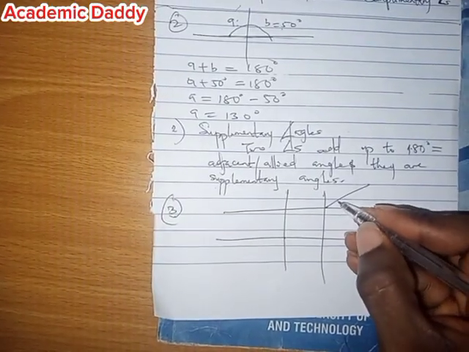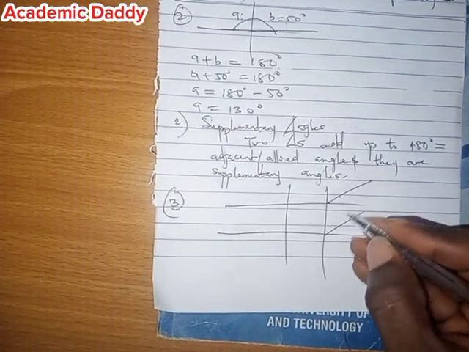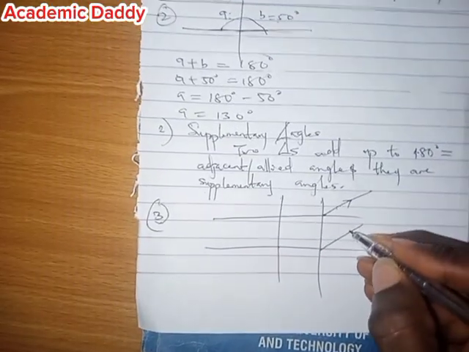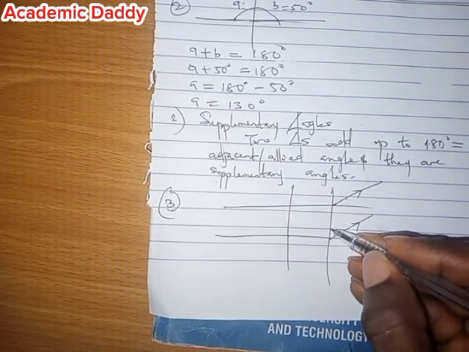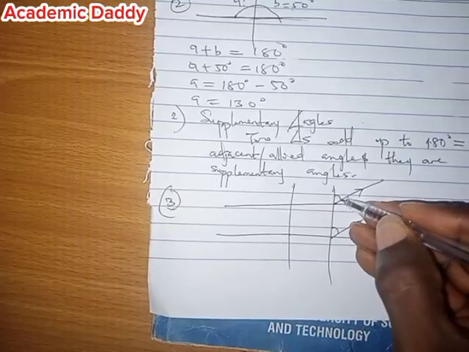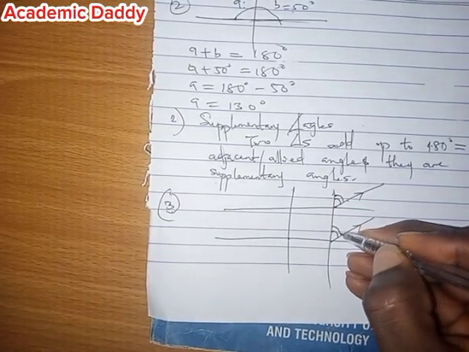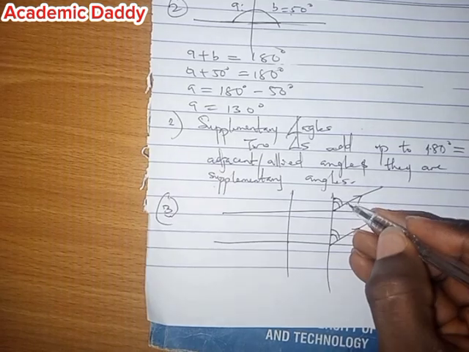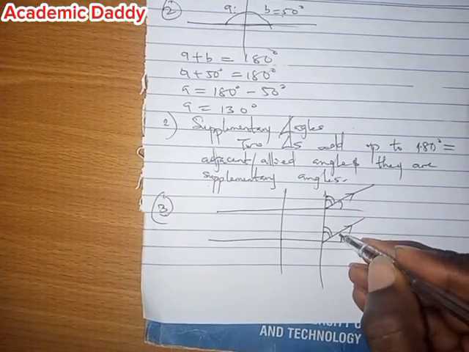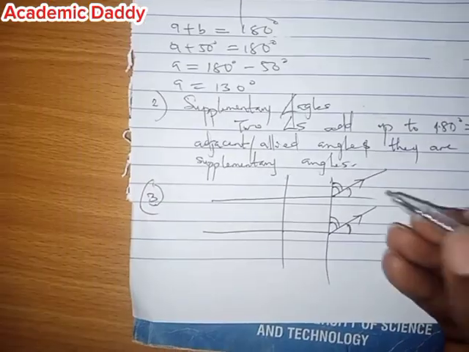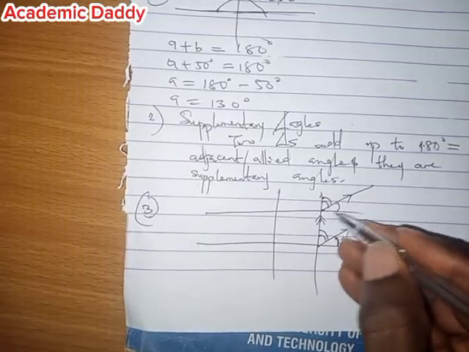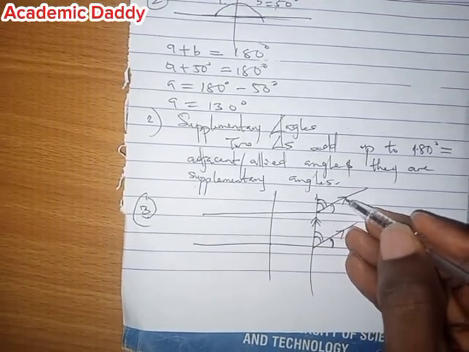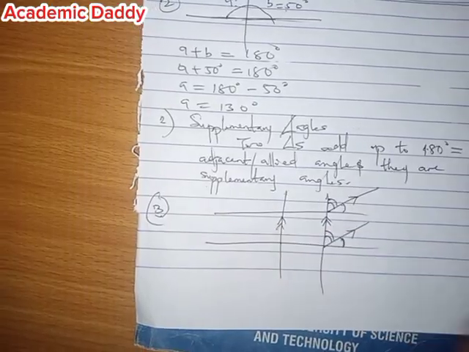In order to identify that the line I have here is the same, we always use something to show the difference. So let's say the angle here is the same as the angle here. I can use two arcs. And to show the angle I have here is different, I can use just one arc. Let's say this is parallel to this. I can use two lines. I won't use the same because I've already used this one. I'll use two lines to show this.